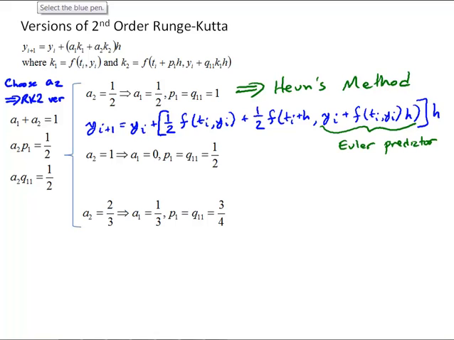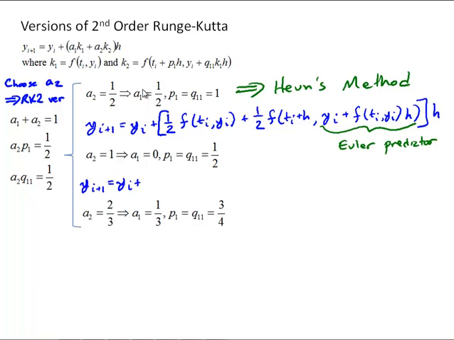Another typical formulation is to take a2 equal to 1, which makes a1 equal 0. p1 and q11 are then equal to 1/2. So we would get yi plus 1 is equal to yi plus a1 equals 0, so we have no k1 term. And then a2 is equal to 1.